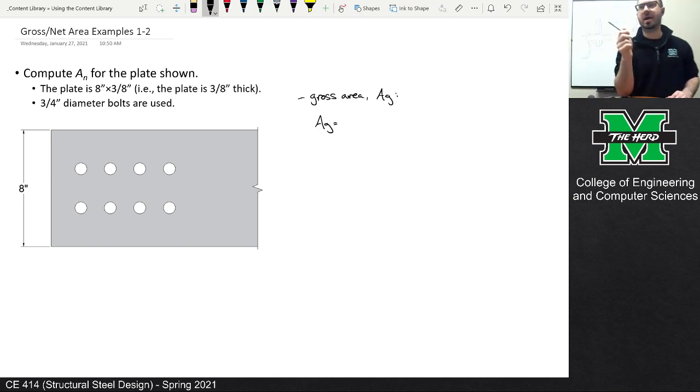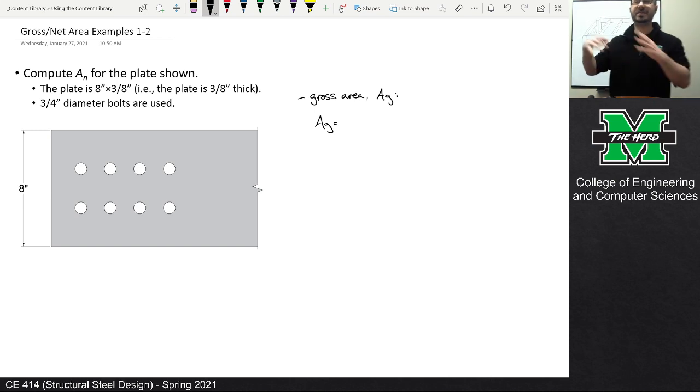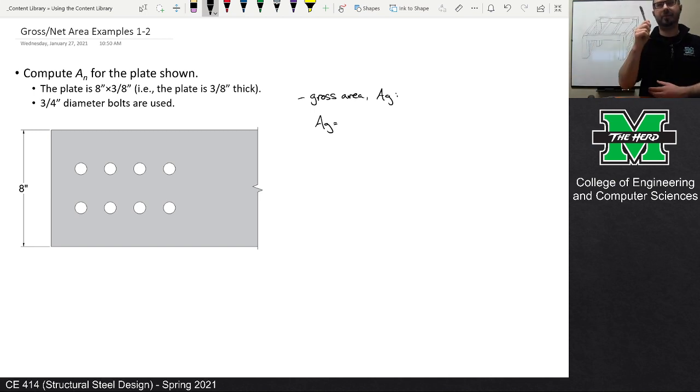Now, Mr. Ball mentioned the area of the plate minus the area of the bolt holes. That's for the net area.